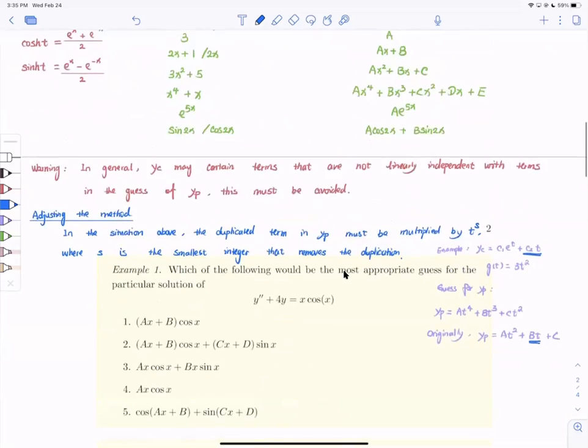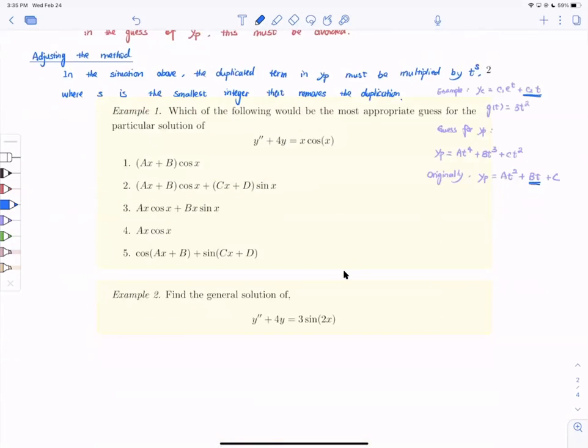That means we need to multiply by t. So multiply by t, you'll get at cubed plus bt squared plus ct. But now this term and this term are linearly dependent, so you need to multiply by another t.